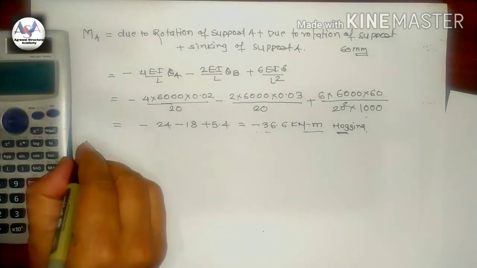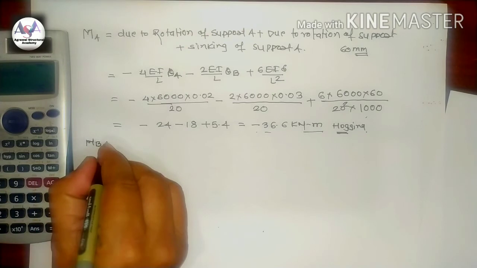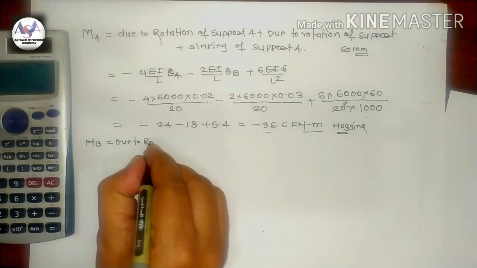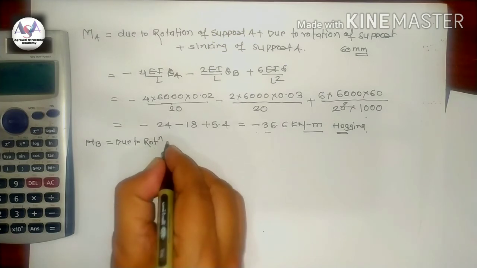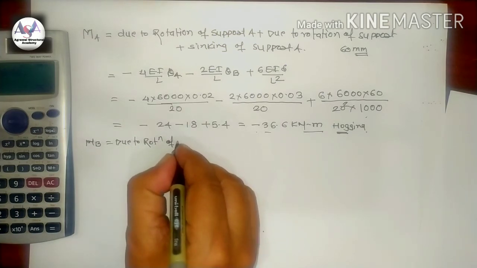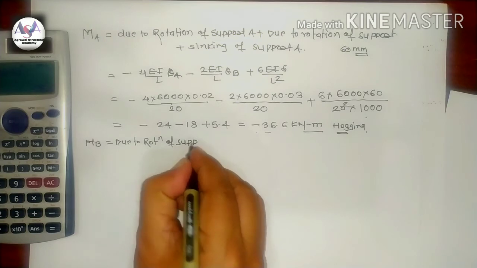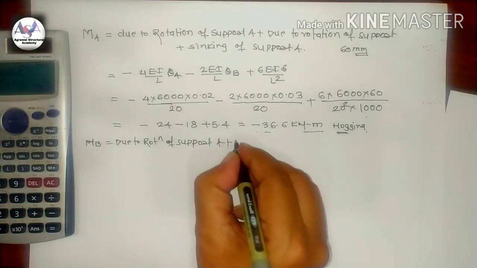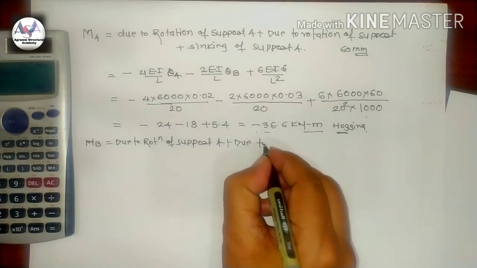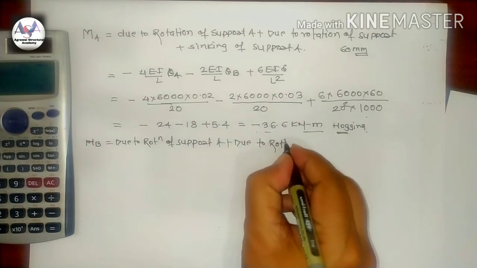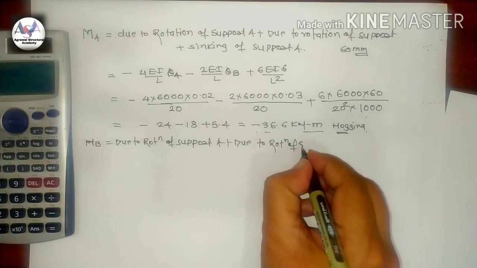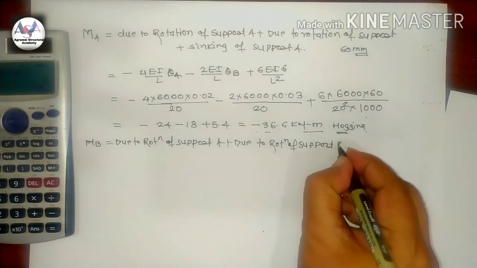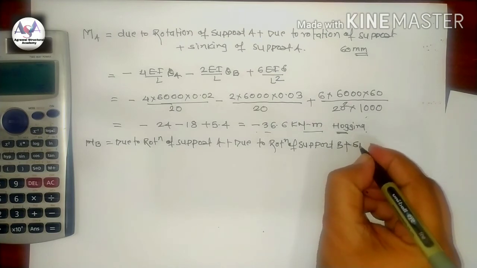Then MB is the same: due to rotation of support A, plus due to rotation of support B, plus the sinking.